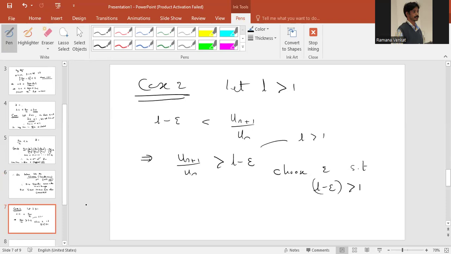So now you can write un just like the previous one, un by un minus 1, un minus 1 by un minus 2, un minus 2 by un minus 3, and so on up to u2 by u1 times u1.